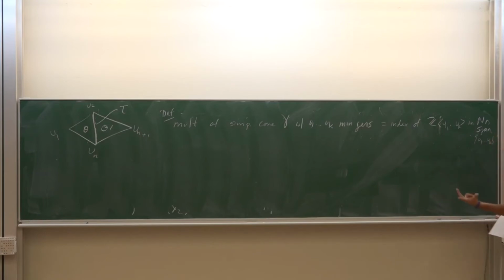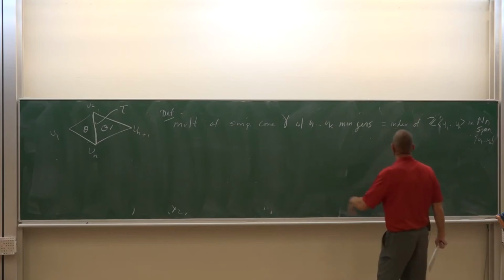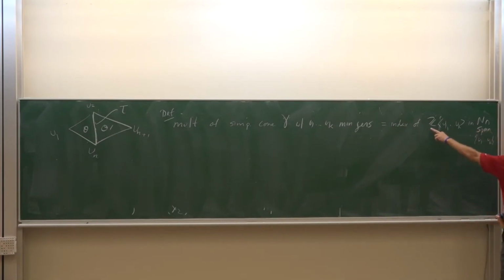So you hand me a bunch of ray generators. They might not span a smooth cone, right? The multiplicity of that cone is by definition the index of this sublattice.